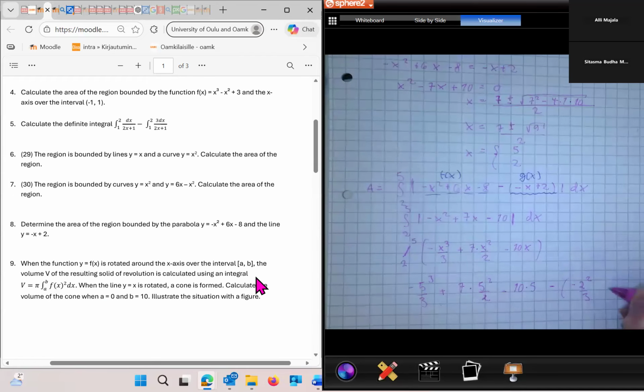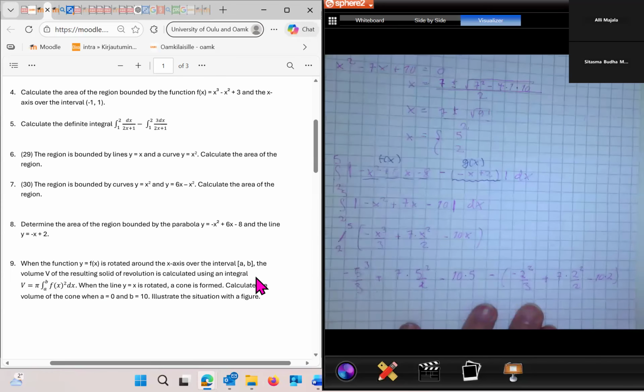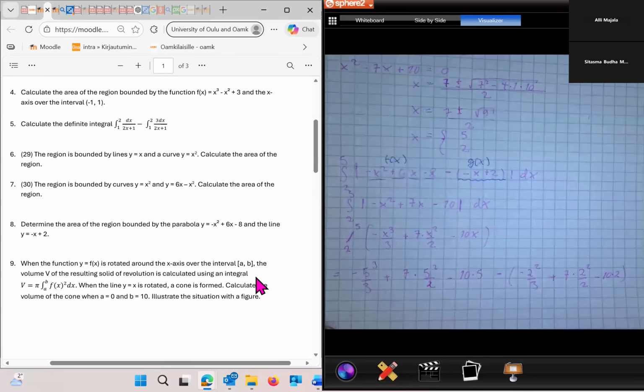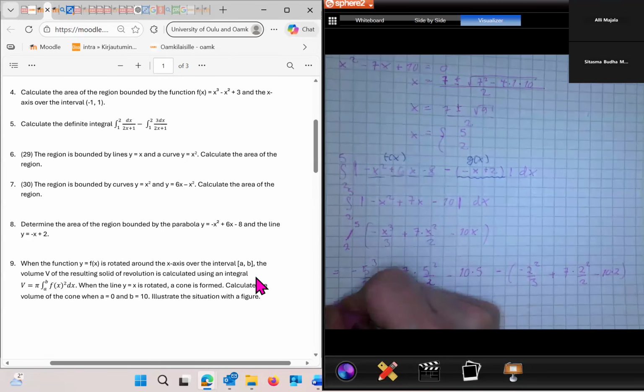It still doesn't look nice at all. Why did I ever want to do something like this? So now I can try to make it look a bit nicer, or then I just put it in the calculator.